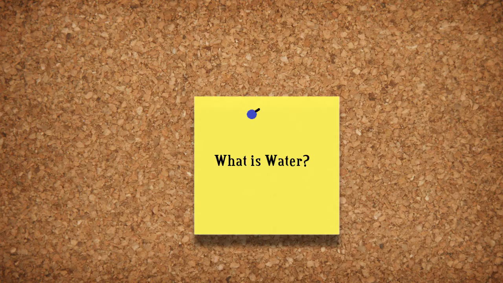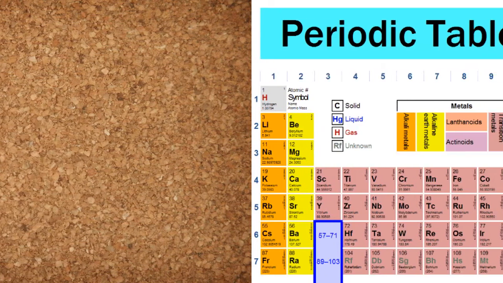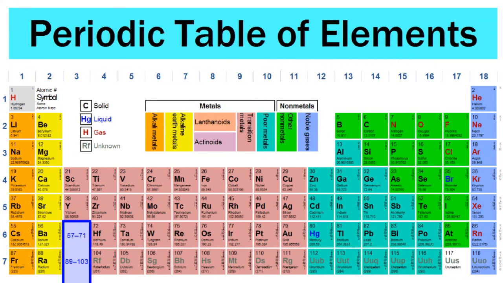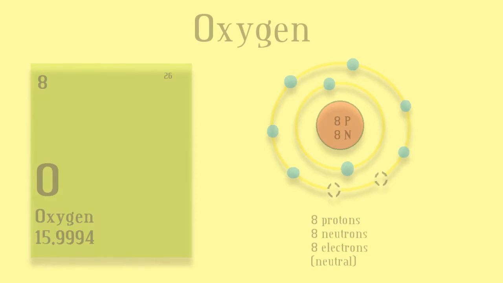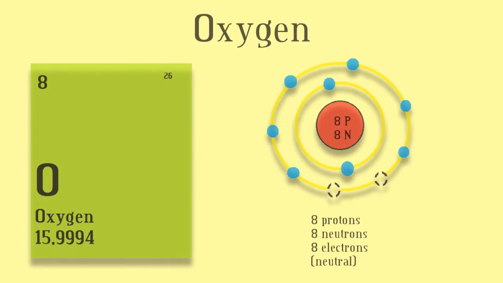What is water? In order to understand water, we need to understand hydrogen and oxygen, the 8th element on the periodic table of elements. Oxygen is the 3rd most common element in the universe.